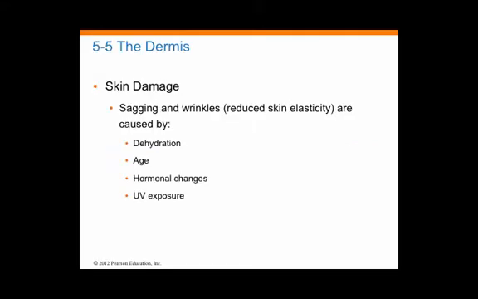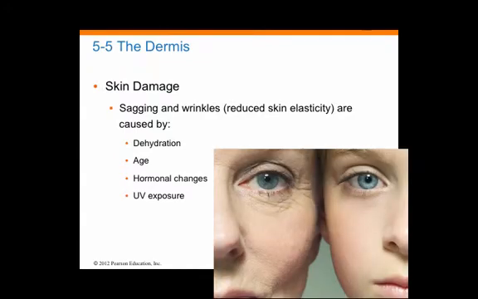Damage to the skin, such as sagging, wrinkles, and stretch marks, is caused by reduced skin elasticity. This type of damage occurs naturally through aging, though it can be caused or worsened by other factors such as dehydration, smoking, hormonal changes, some medications, and exposure to UV sunlight. Wrinkles are an inevitable part of the natural aging process.